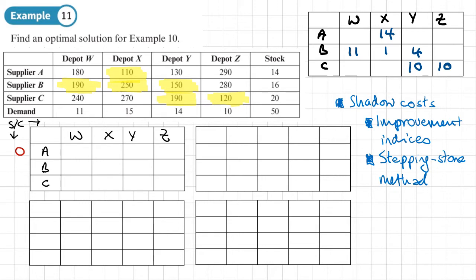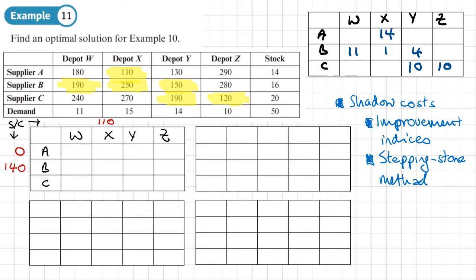So I'll write down 110 above X. Moving down to the second row, I know that the heading of this column is 110, and I need to get a total of 250 here, which means that I need to write a heading of 140. So 140 will go at the side here.